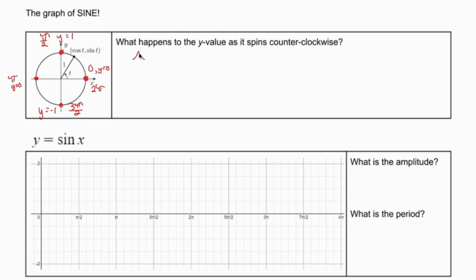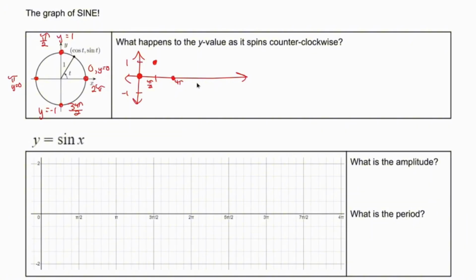So if I were to draw a really rough sketch of this, this is what I know so far. It peaks out at 1, it bottoms out at negative 1. At 0, we were at 0. Then we move up to pi over 2, and at pi over 2, we were at 1 unit above the x-axis. Then we come back down to pi, and at pi, we're at 0 again.